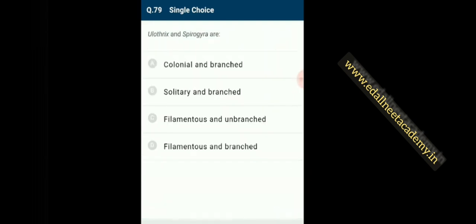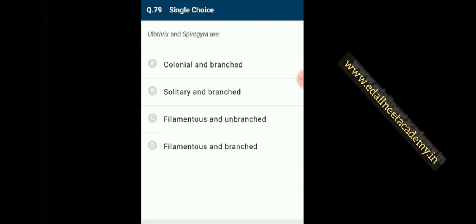Question number 79. Ulothrix and Spirogyra are? Ulothrix and Spirogyra belong to the class Chlorophyceae, commonly called green algae. Ulothrix, found in freshwater and marine water, is generally attached to the bed of the water bodies. The cells are very long and broad and favor low temperature for growth. They attach themselves to the bed by a modified holdfast cell.